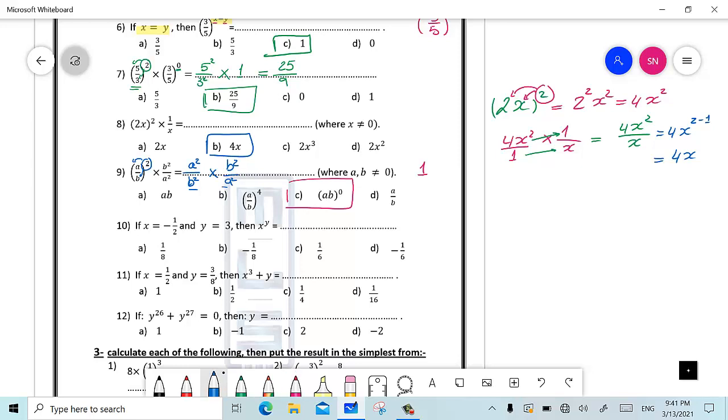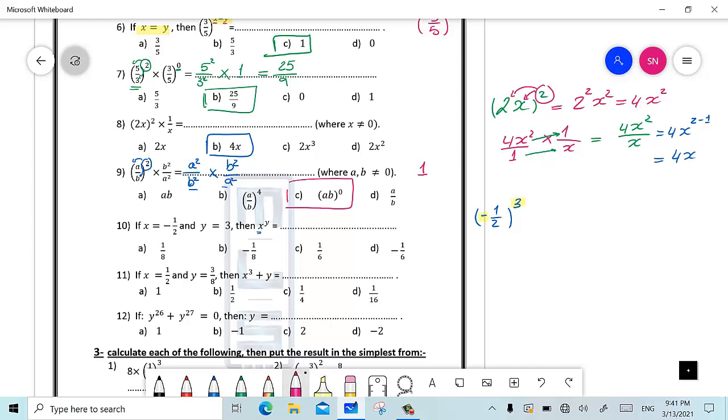Number 10, if x equals negative half and y equals 3, then x to the power of y equals, this is a substitution question. I'm going to take away all the x and put y instead of it. So now I know that x is equal to negative half and y is equal to 3. Here I have a negative number, so the first thing I'm going to look at is the power.